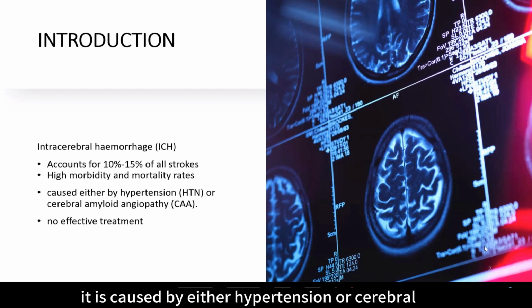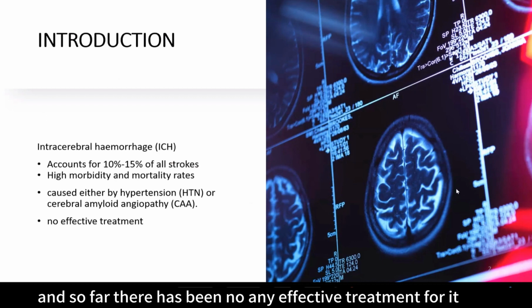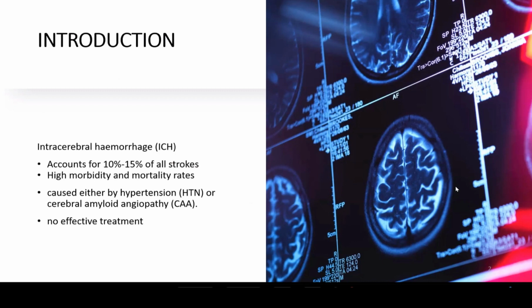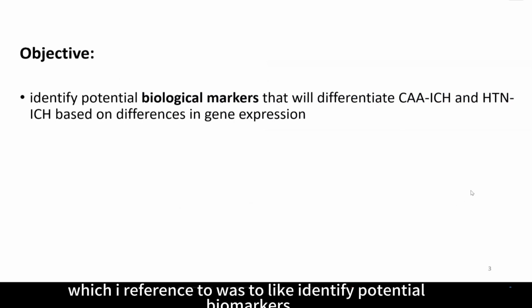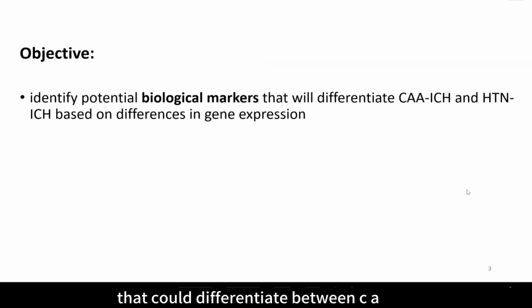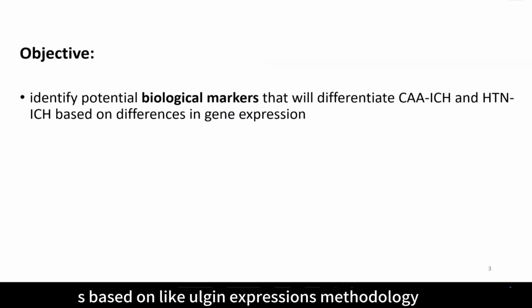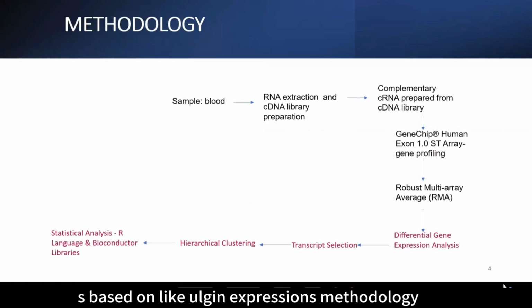It is caused by either hypertension or cerebral amyloid angiopathy, and so far there has been no effective treatment for it. The objective of the article which I referenced was to identify potential biomarkers that could differentiate between CAA and HTN ICH based on gene expression.